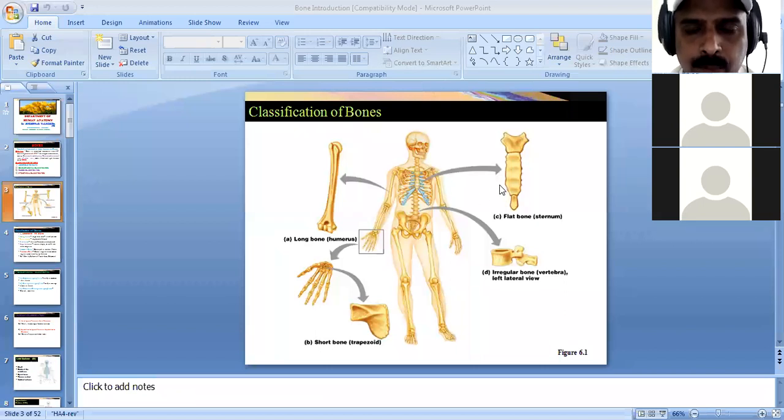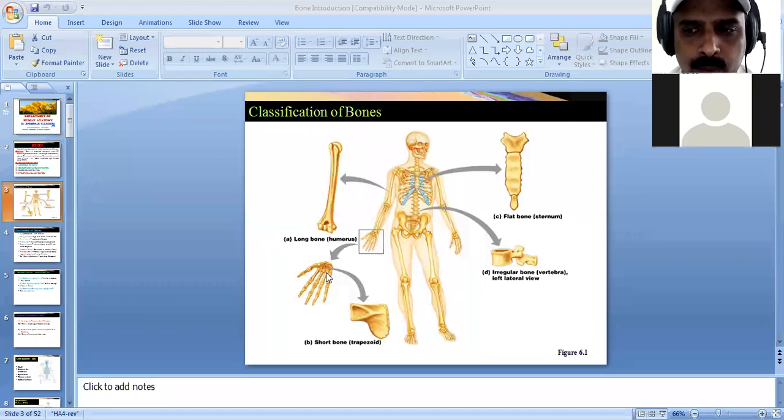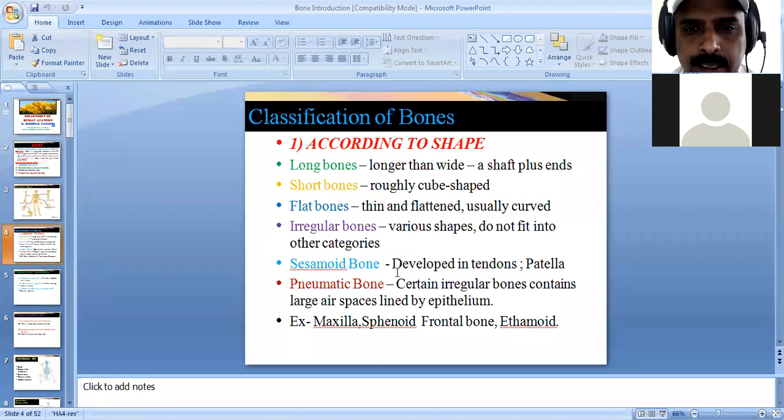Second, flat bone: you have the sternum and the skull bones. Then small bones: we have the carpal bones and tarsal bones. Almost all the carpal and tarsal are small bones. Irregular bones are like the hip bone and the vertebrae. And next comes the sesamoid bone, which develops in the tendons, and the largest sesamoid bone is the patella.